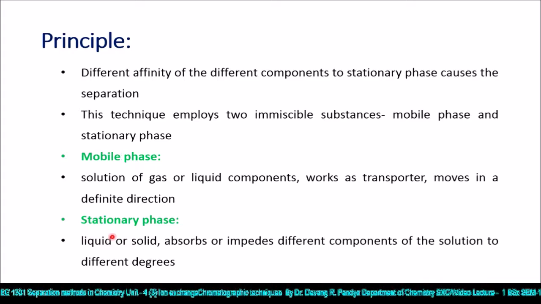These two phases, mobile phase and stationary phase, should be immiscible with each other, and the components have different affinity for the stationary phase, and that causes the separation. So this is the principle of ion exchange chromatography, in which two types of phase are utilized, the mobile phase and the stationary phase, and they have different characteristics as well.